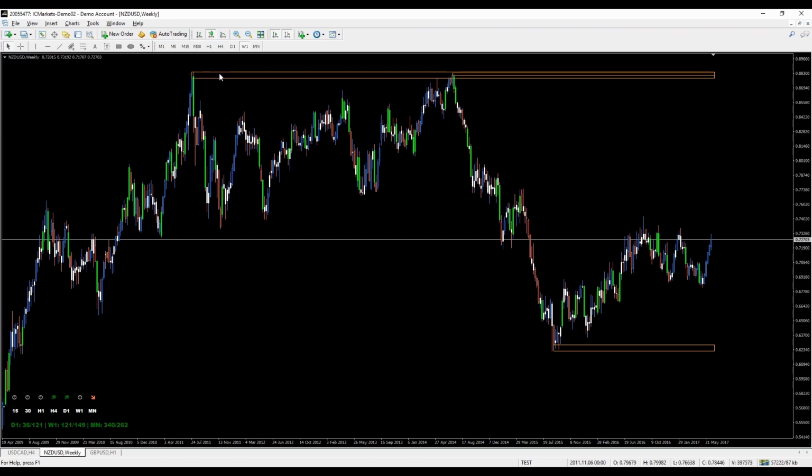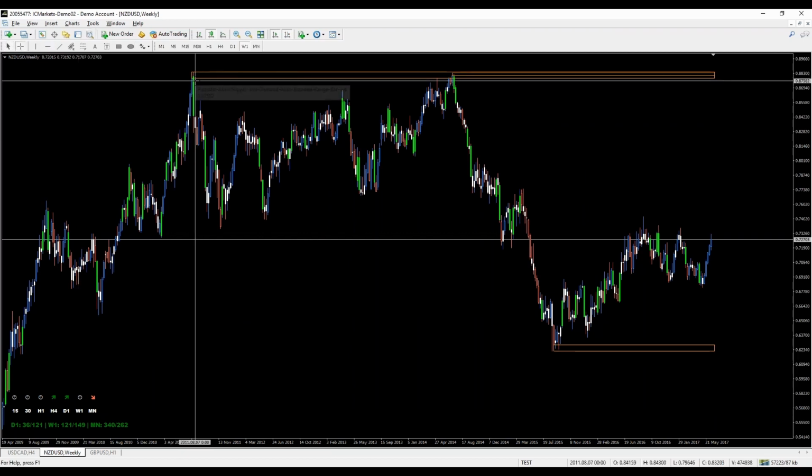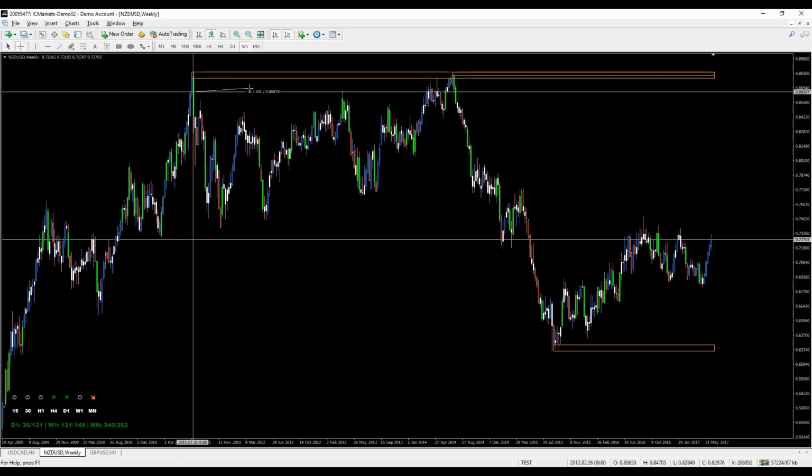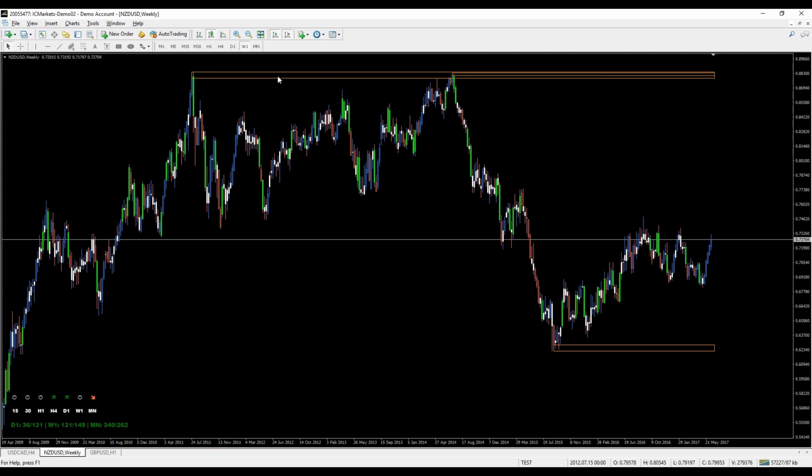You can see here, we had this one here, this was actually established. This was visible on the chart. Here, you can see 50. So when this candle closed, this rectangle was drawn on the chart. And so you knew about 100 weeks or 2 years in advance that you wanted to be selling up here.